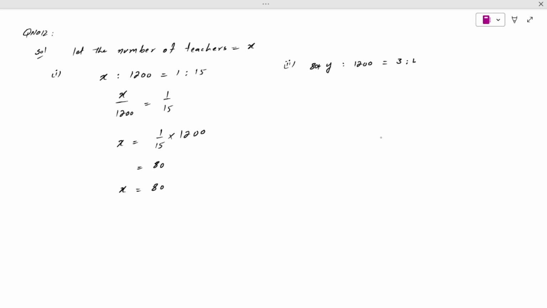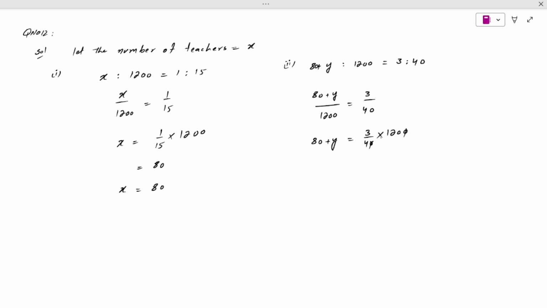So 80 plus y, the new number of teachers, over 1200 is equal to 3 divided by 40. Multiplying by 1200 on the right side, 80 plus y is equal to 3 over 40 multiplied by 1200.